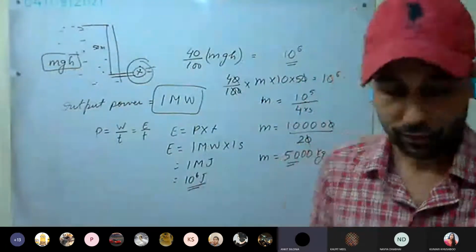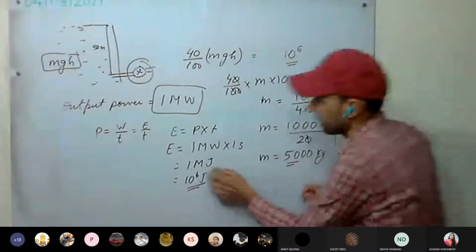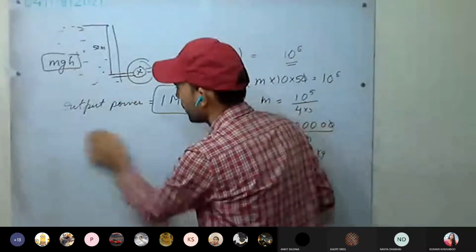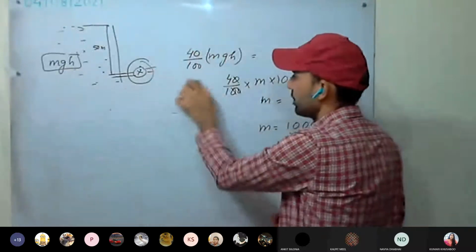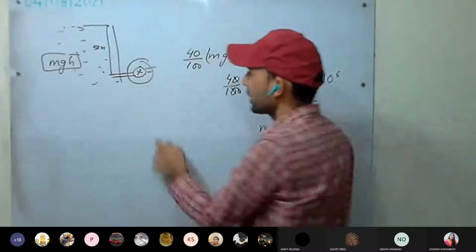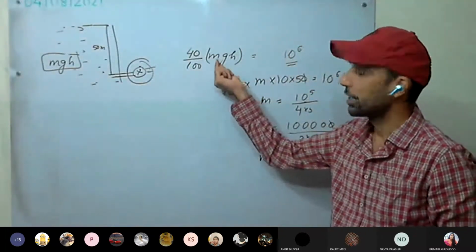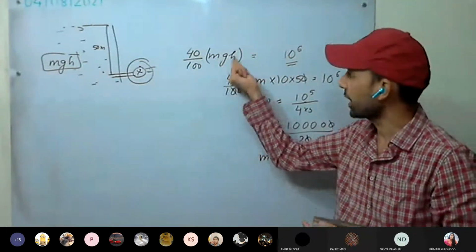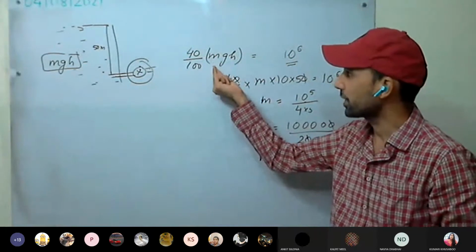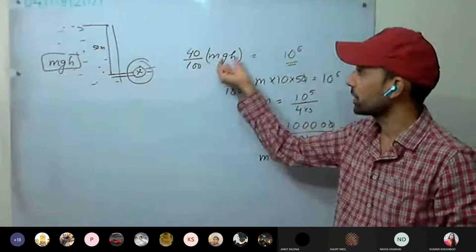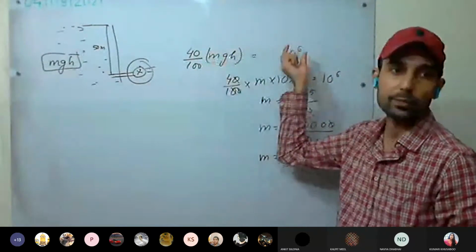Everyone try sixth one. This question you can as well do it. Like this much is the energy, and you have to calculate mass per second. You can calculate here divided by t, that is 1 second, and here you can equate the powers as well. Okay, 40% of this power equal to this power.